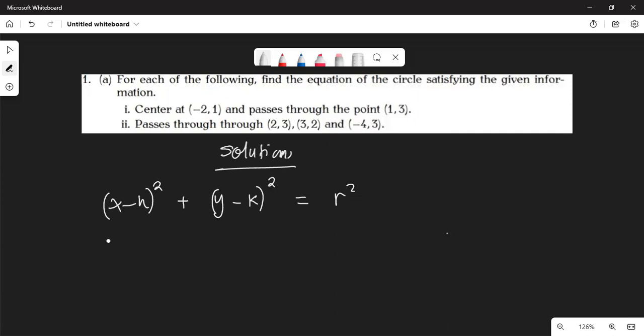So the first point is x1, y1. We are given this point as (2, 3). We're also given another point, x2, y2, which is given as (3, 2).